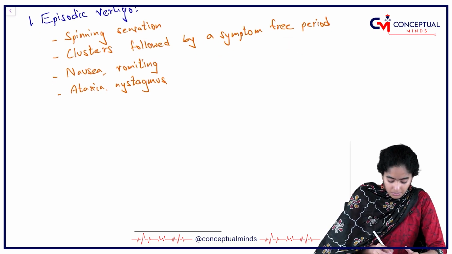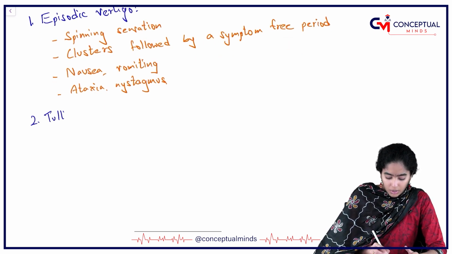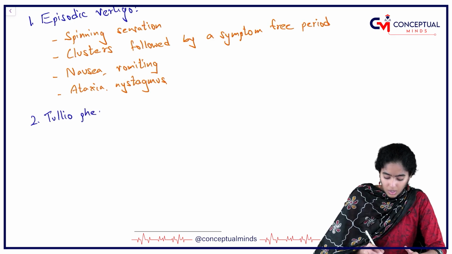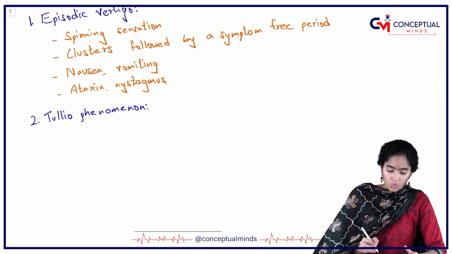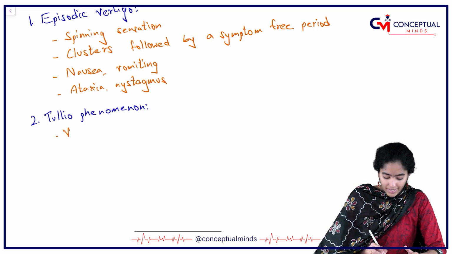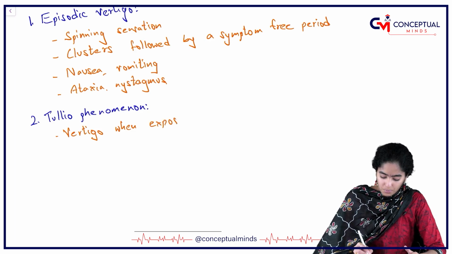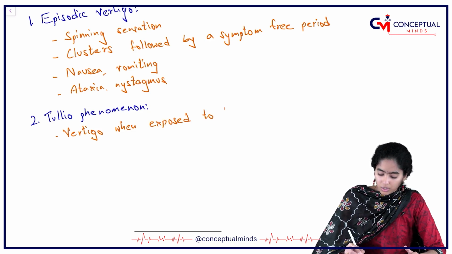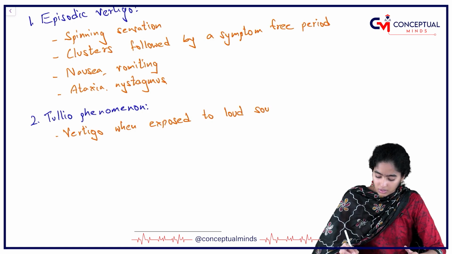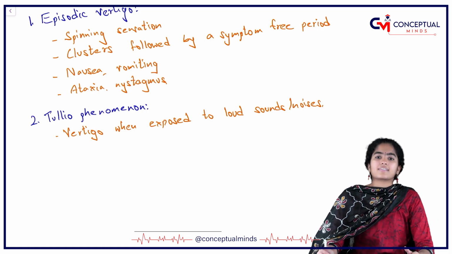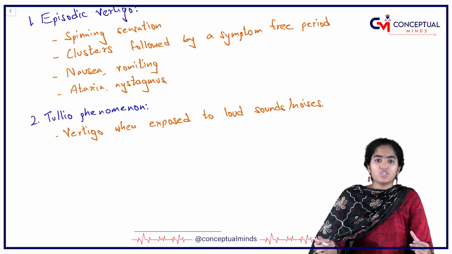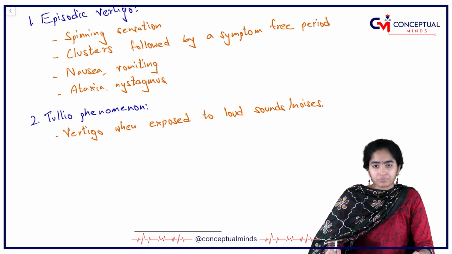Another clinical symptom experienced by the patient is Tullio phenomenon. What is Tullio phenomenon? It is vertigo experienced when exposed to loud sounds or noises. That is Tullio phenomenon, and that's usually seen in Meniere's disease.